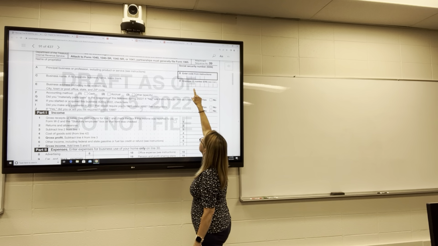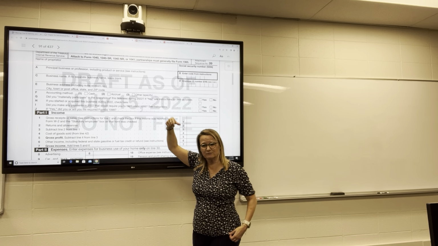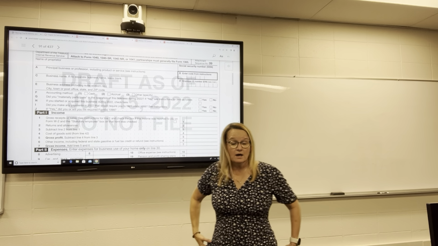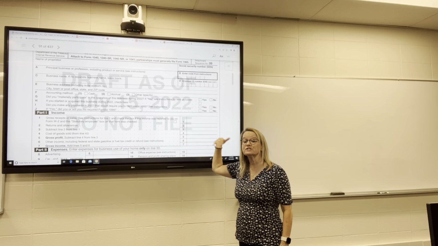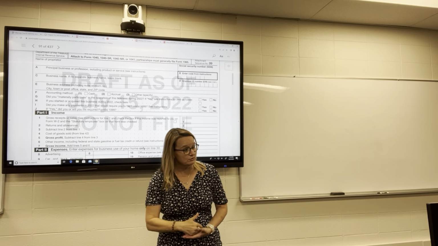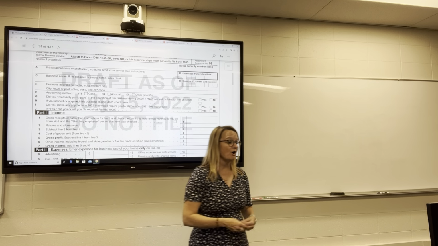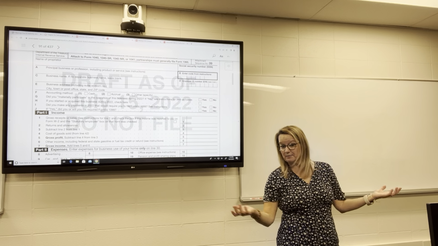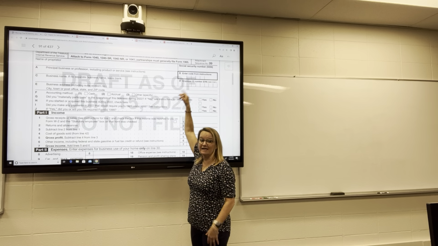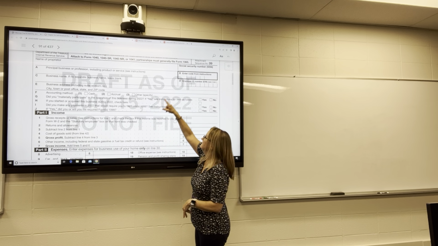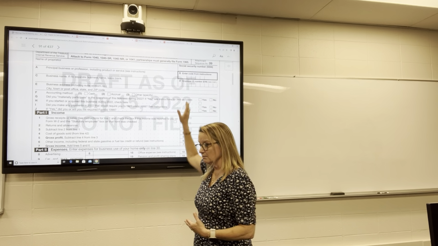If the business has its own employer ID number, and we talked about that, if you recall, in payroll accounting, if it has its own tax ID number, which is very common, even if it's a sole proprietorship, for it to have its own tax ID number, oftentimes banks will require it if you want to set up a bank account for your business. It's listed here. If there is no separate tax ID number, then it's just the Social Security number of the individual that would be listed on this form.